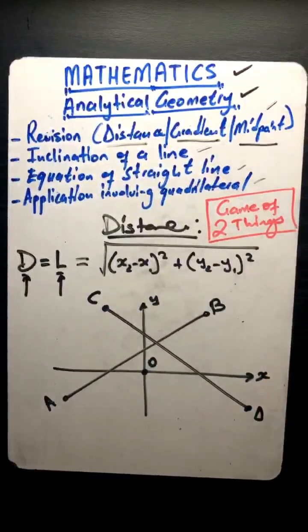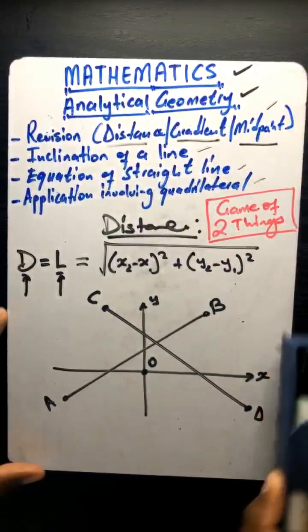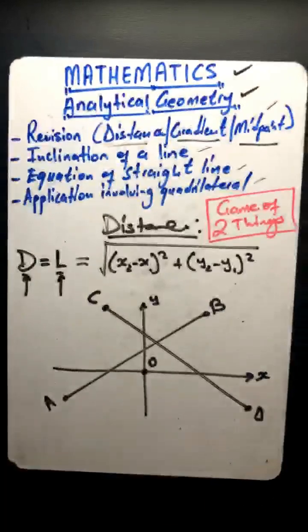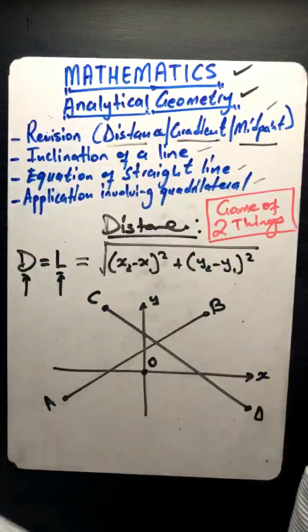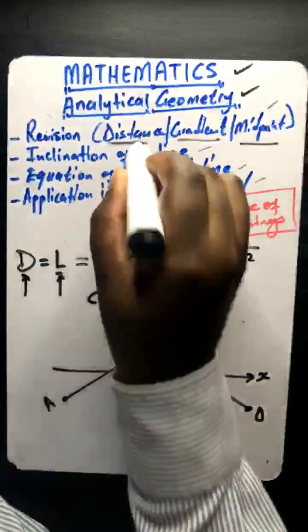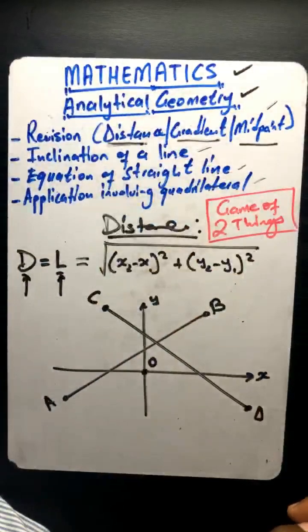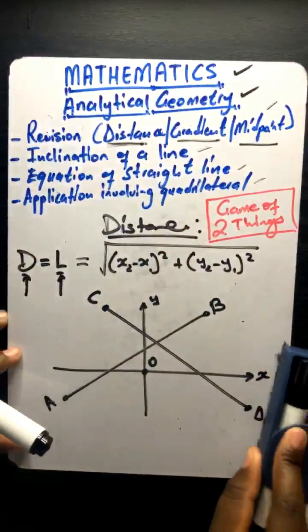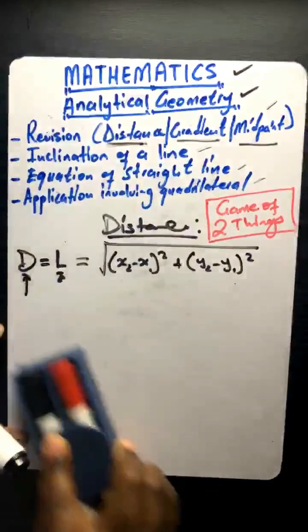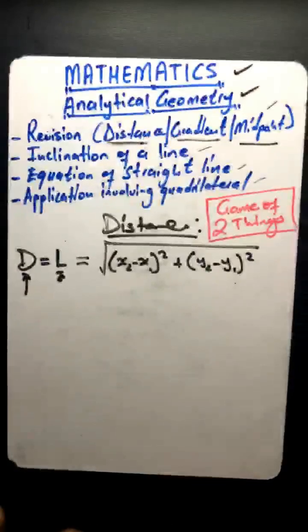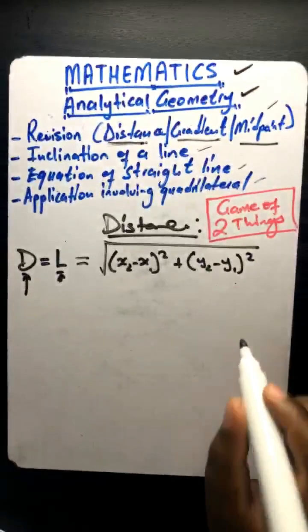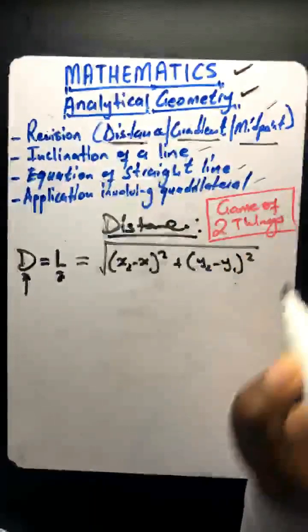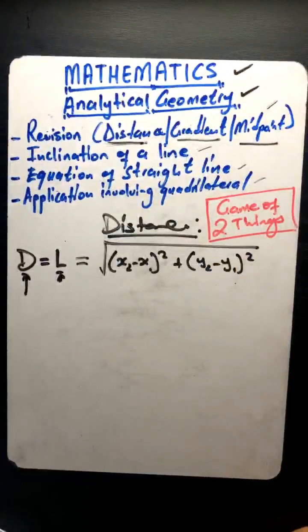Why am I saying analytical geometry is a game of two things? It's because at all times, for you to use the distance formula, you need how many things? Two things. What are those two things? As part of your notes, just note down that analytical geometry is a game of two things.